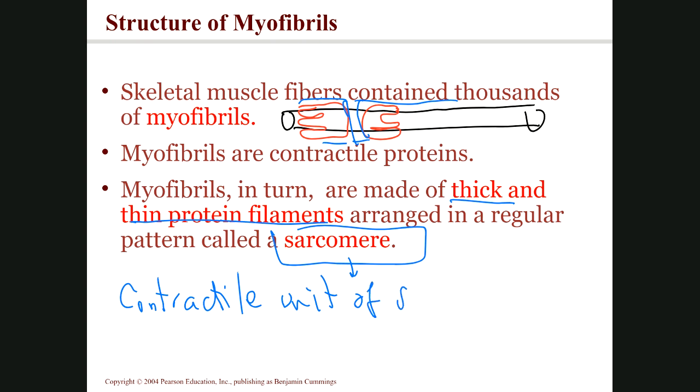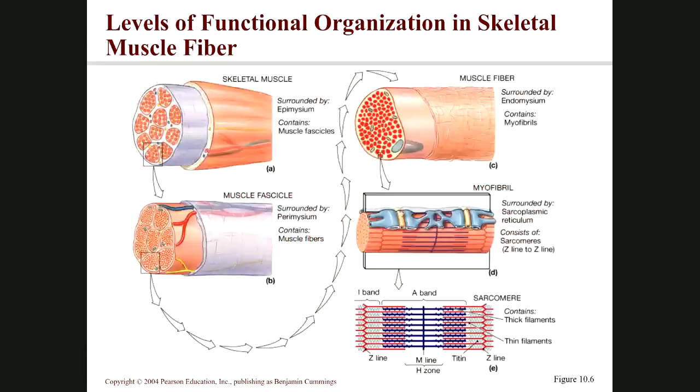Okay. So let's go back to the organization of skeletal muscles. First, we have the entire muscle, and the entire muscle is surrounded by a connective tissue membrane called the epimysium. The epimysium bundles together several fascicles.